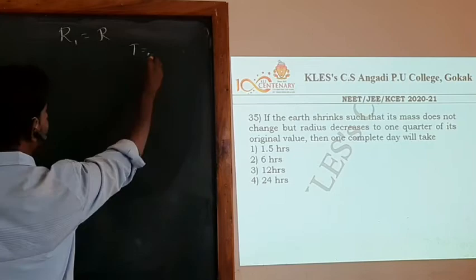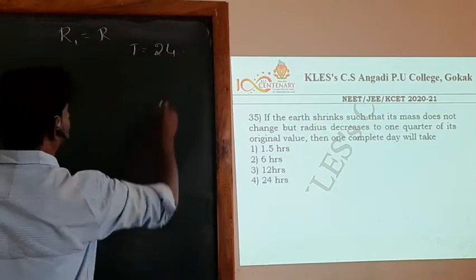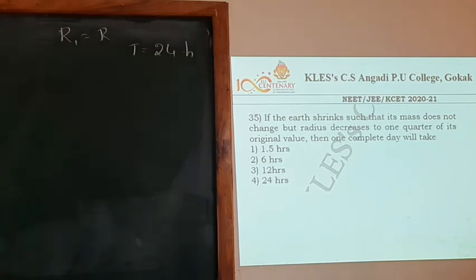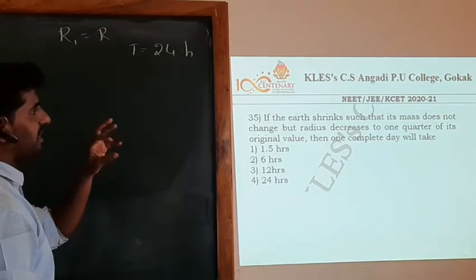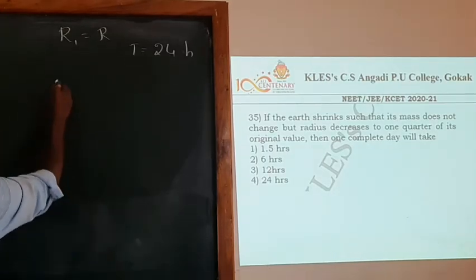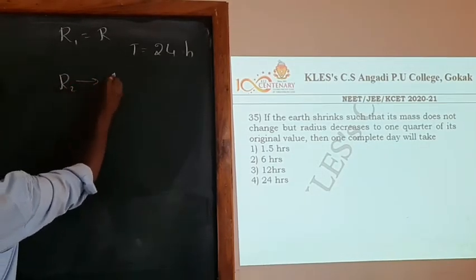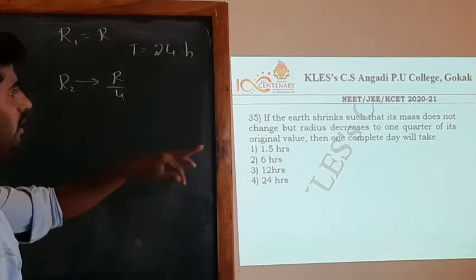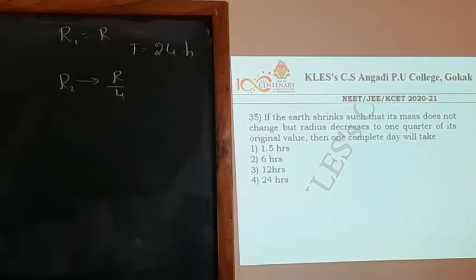See, the options are in terms of hours, so I will take this as 24 hours when the radius is r. And they have said the Earth shrinks such that its radius changes to, I say this is r2, a quarter of its original value, so r by 4. Then what should be the duration for one day?